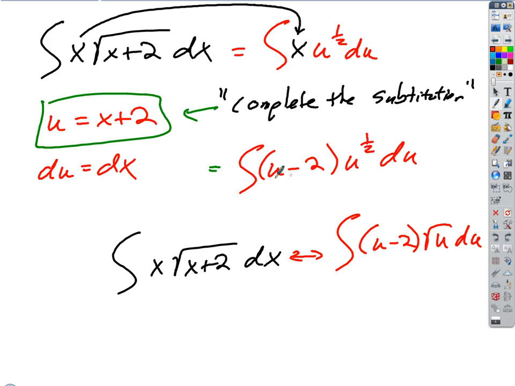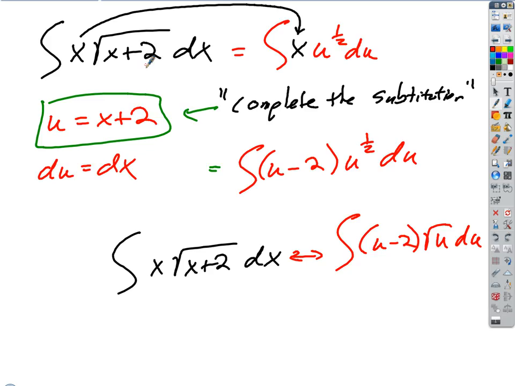And I'm just going to get a u to the 3/2 minus a 2u to the 1/2. Sure, they're fractional exponents, I guess that's a little bit tough, but it's not a big deal. We know how to handle that, that's just our power rule, right? But here we didn't have that option because we can't distribute over a radical. See the difference? So even though it doesn't look like we got a lot done there, we really did.